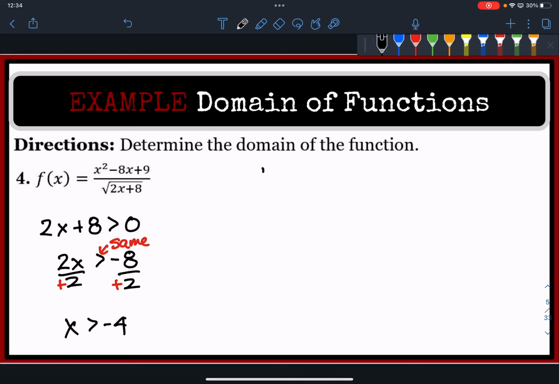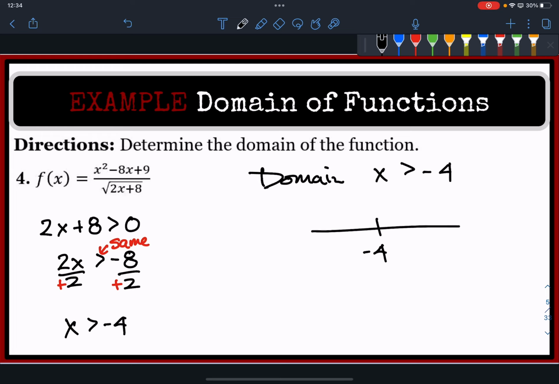So our domain would be all numbers greater than -4. This time we have an open circle above -4 pointing towards +infinity. Again, because of the no equal sign, open circle. So as an interval, that will be an open interval from -4 to +infinity.